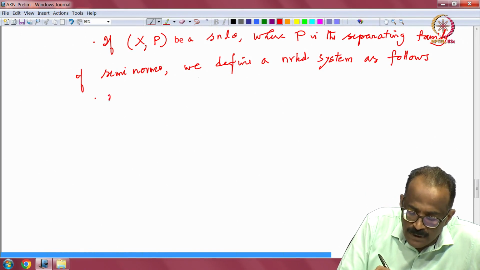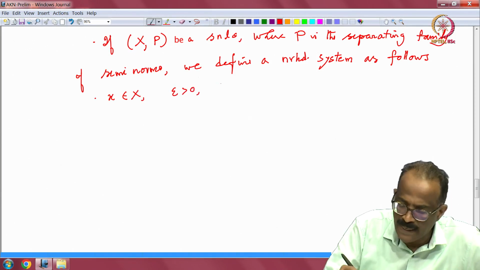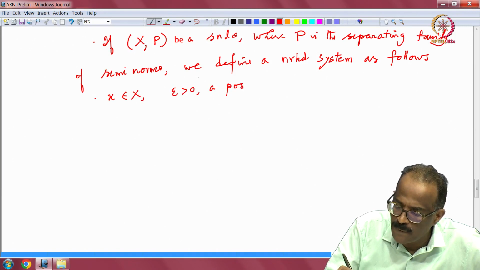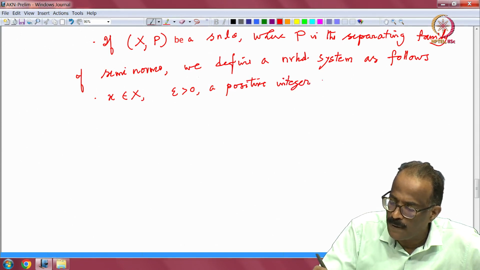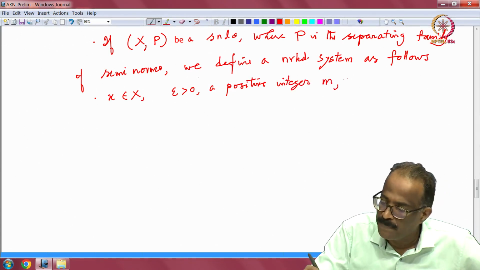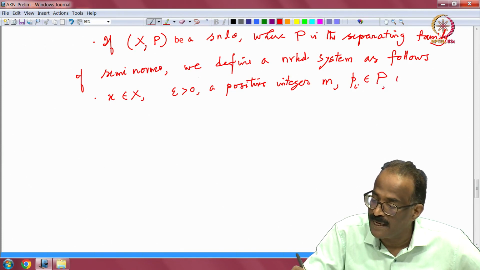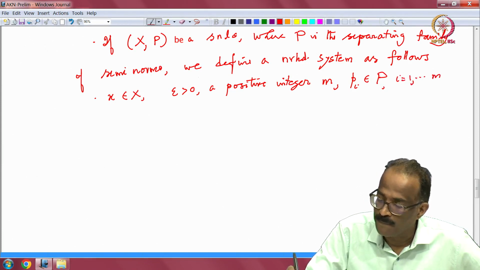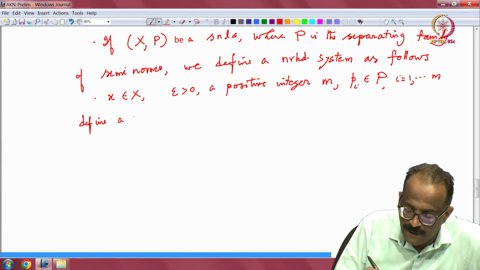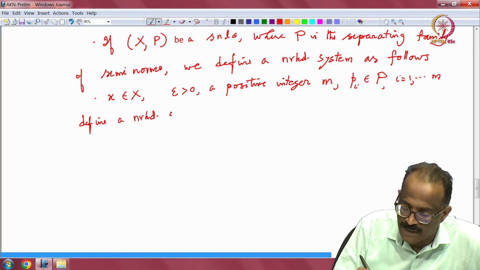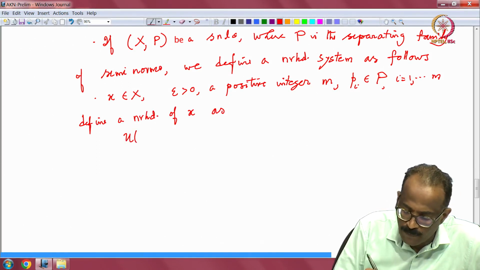So, what do you choose? Let x be in X and choose any epsilon positive and a positive integer m, and P_i belonging to P, where the P_i's are finitely many seminorms. Define a neighborhood of x as U of x.